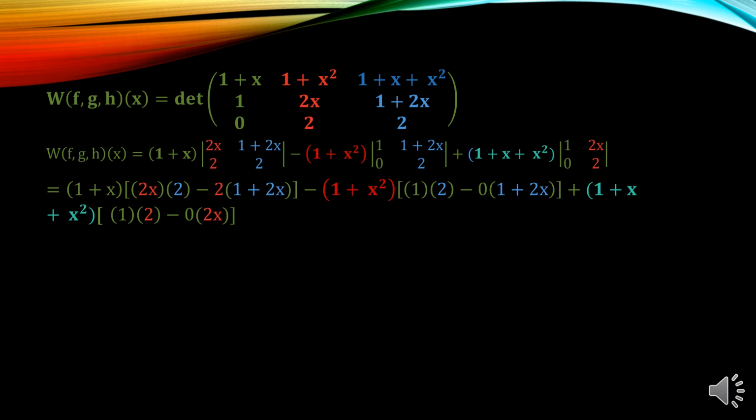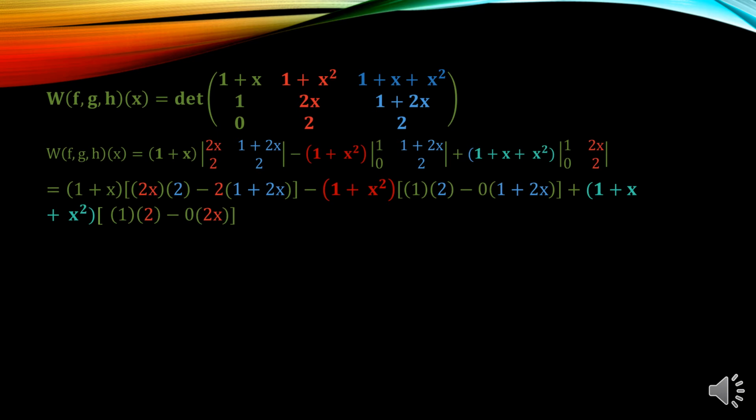You multiply the elements in the major diagonal, then you subtract the product of the elements in the minor diagonal. So I have 2x times 2, then minus 2 times 1 plus 2x. The same idea will be applied to the next term and also the third term.